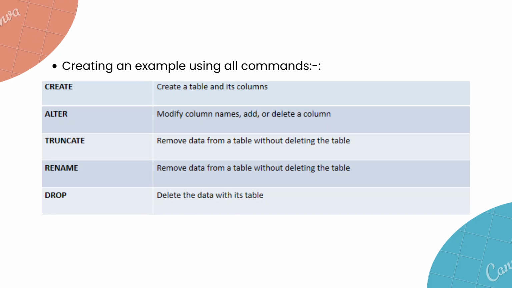Create: create a table and its columns. Alter: modify column names, add or delete a column. Truncate: remove data from a table without deleting the table. Rename: rename a table. Drop: delete the data along with its table.